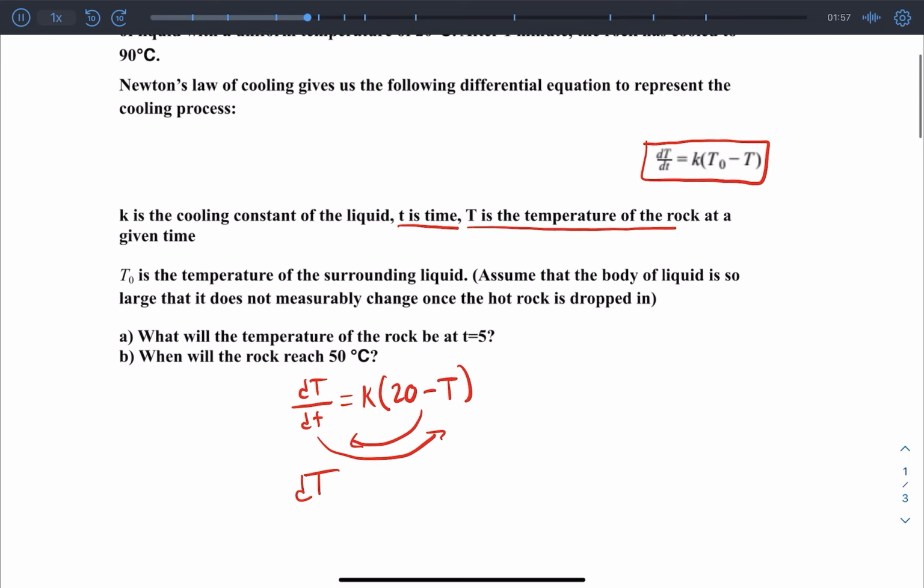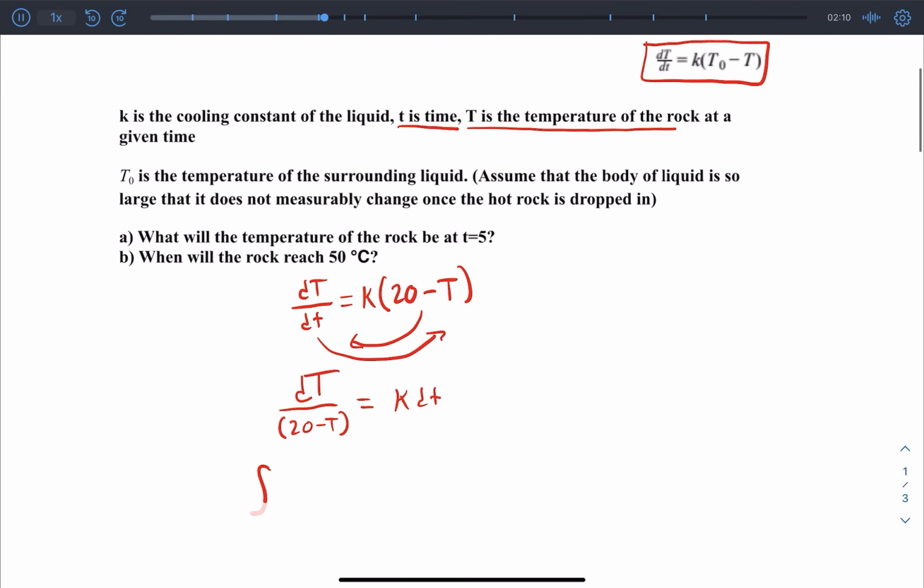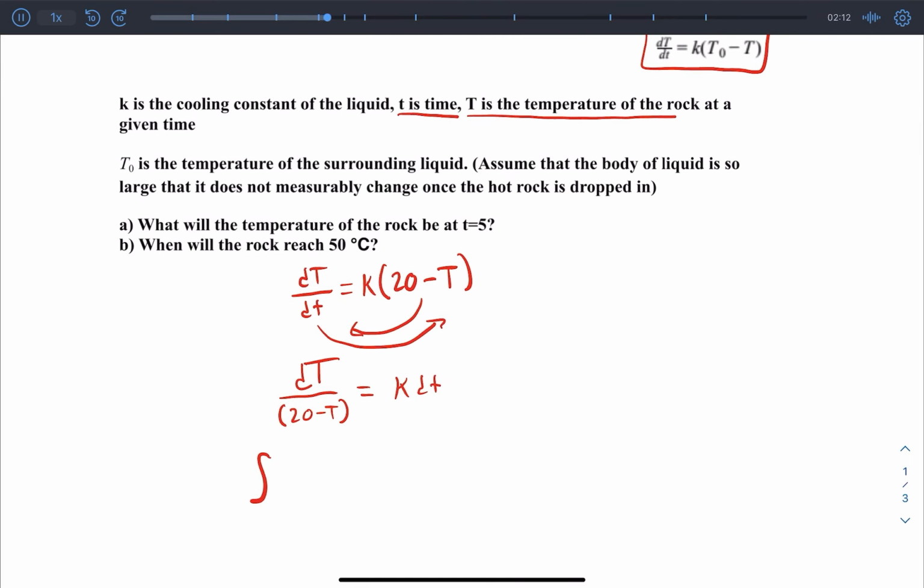So we've got dT over 20 minus T is equal to k dt. In an effort to get rid of these differentials, we can take the integral of both sides. On the left-hand side, we have the integral of 1 over 20 minus T dT, and on the right-hand side, the integral of k dt.